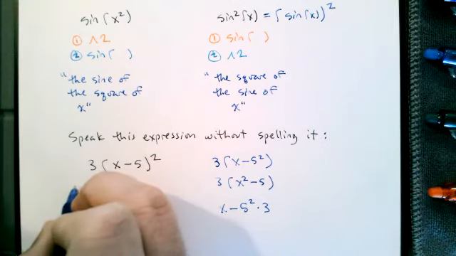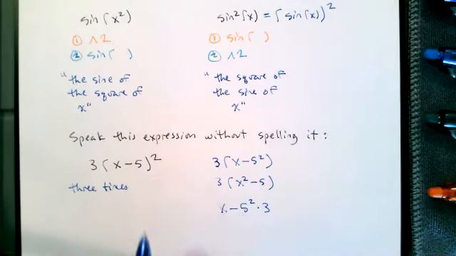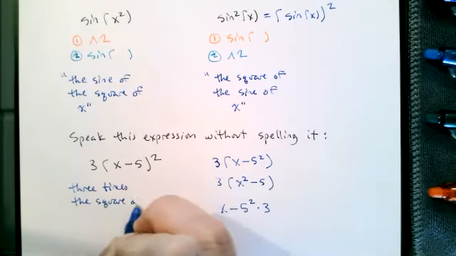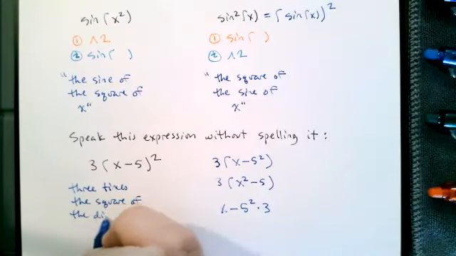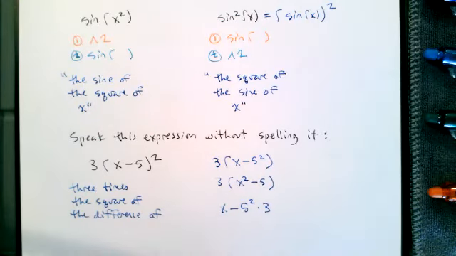3 times the square of the difference of x and 5. Here is some proper speaking going on.